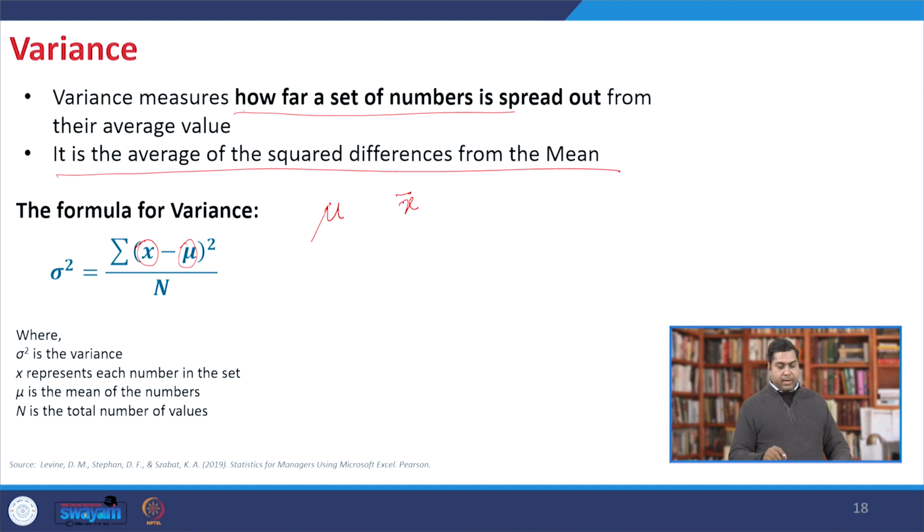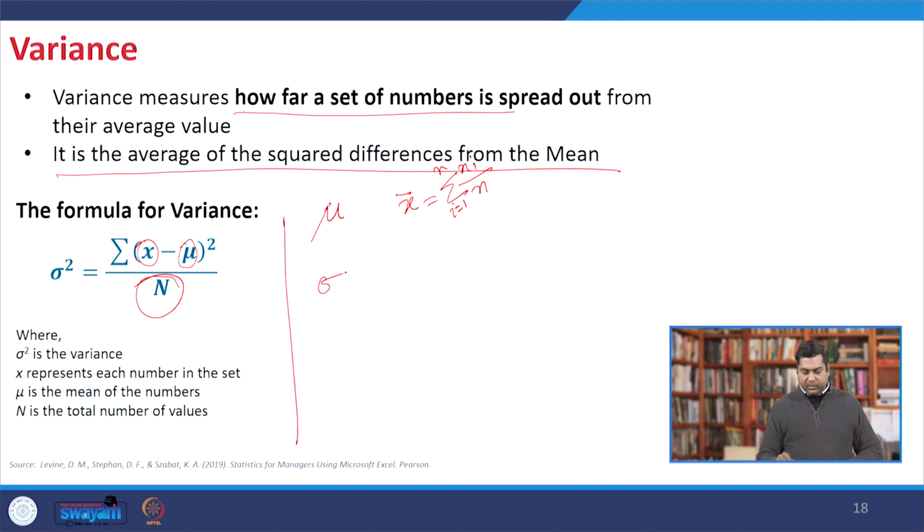This is how to calculate, which we have already seen for a simple one. You can simply add all those values and divide by n, where i goes from 1 to n, and n is the total number of observations. Similarly for the sample, there is a change in the denominator, where you have n minus 1.